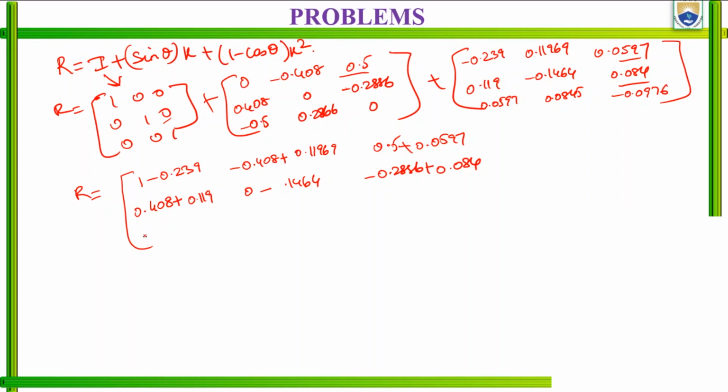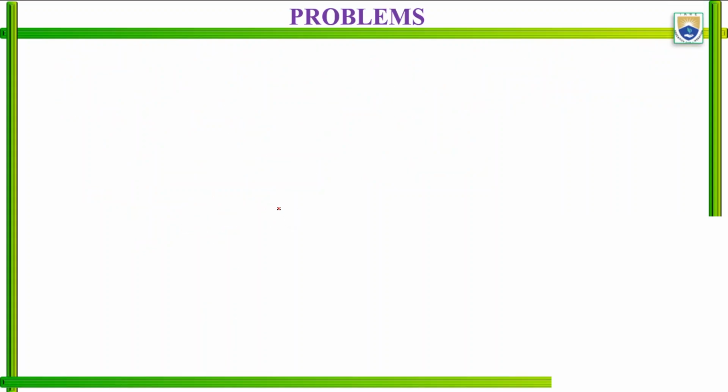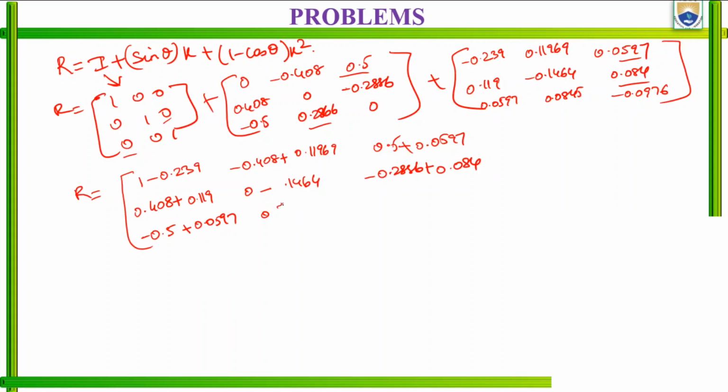Again the third one will be, here this is 0, so minus 0.5 plus 0.0597 and this 0.286 plus 0.0845 and this is 0, so minus 0.0976. This will be the rotational matrix with respect to the identity matrix, the sin theta and the cos theta.